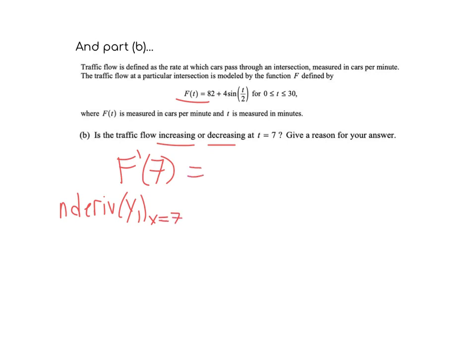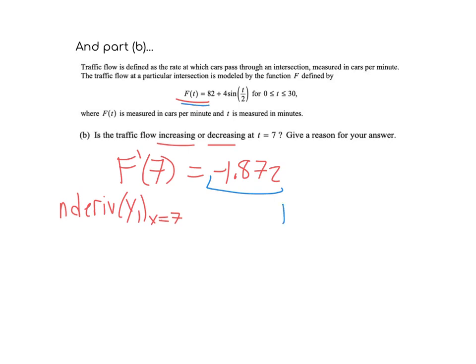When I do that, I get a value of negative 1.872-ish, and if I've got a negative value here, that means that my function f of t is going to be decreasing there.